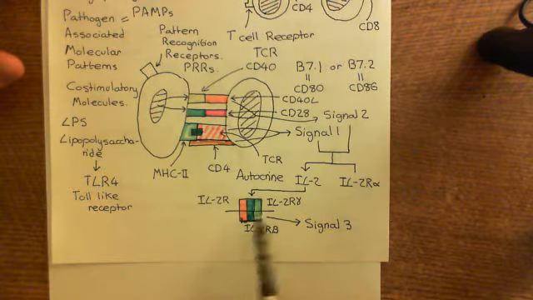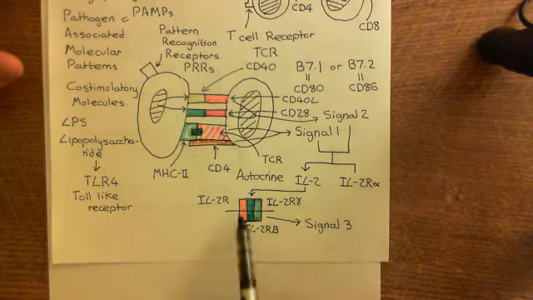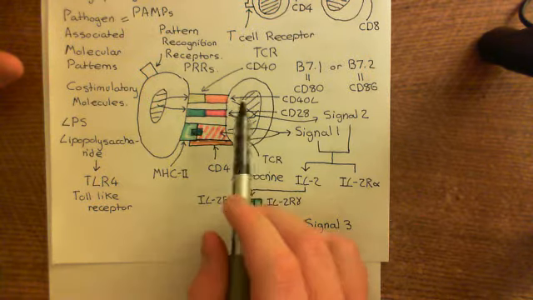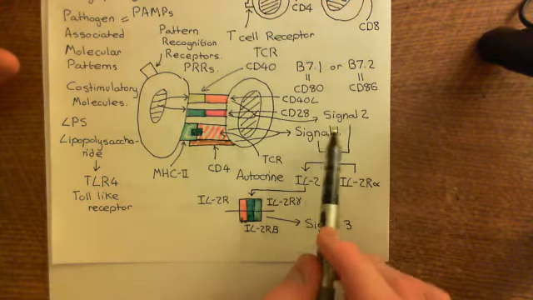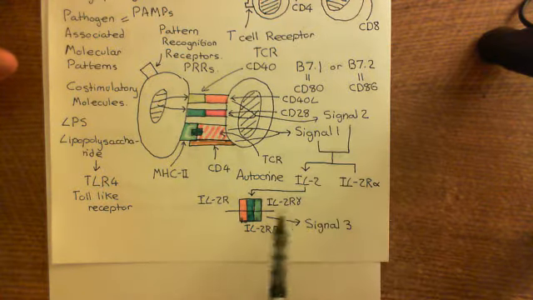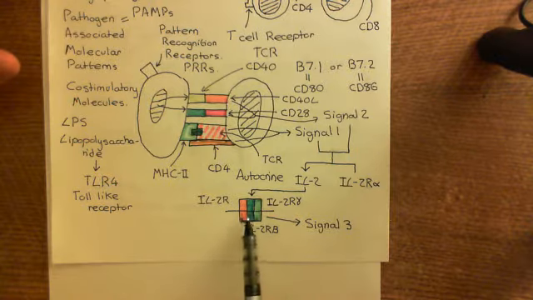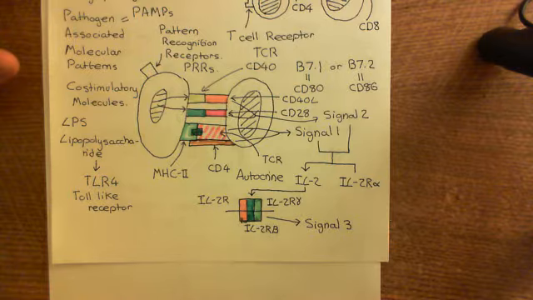The alpha component is not, but we've just started producing the alpha component in this naive CD4 positive T lymphocyte that has received both signal 1 and signal 2. And therefore, it will join with these beta and gamma subunits and form this trimer, which is the interleukin-2 receptor.